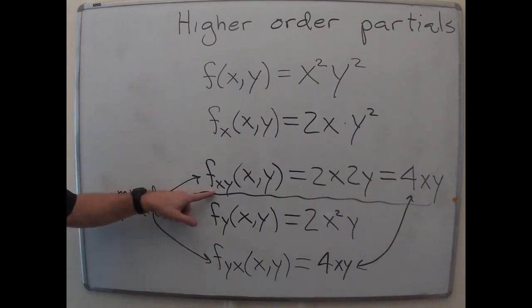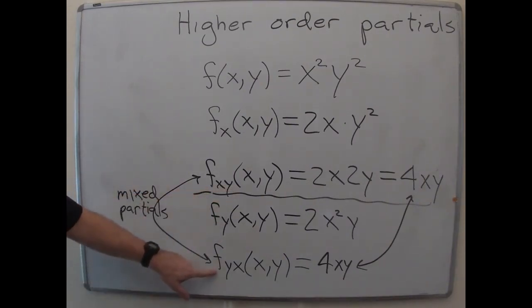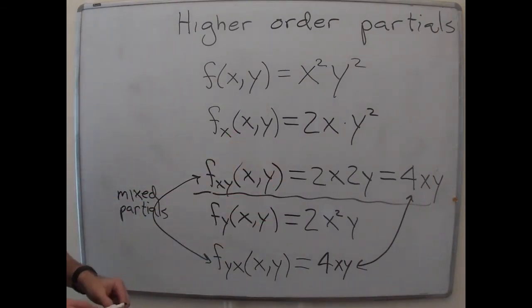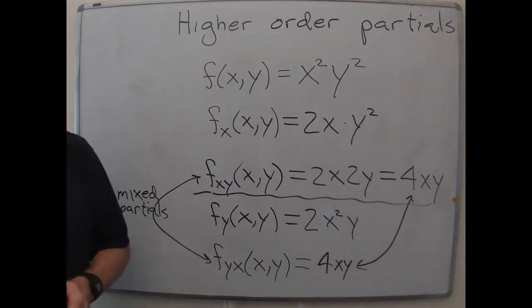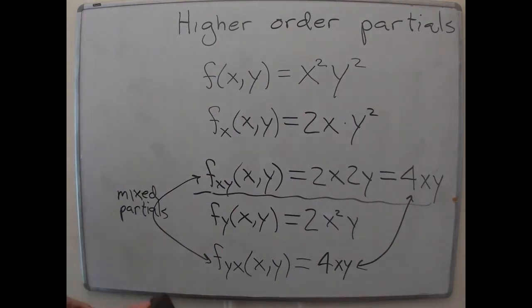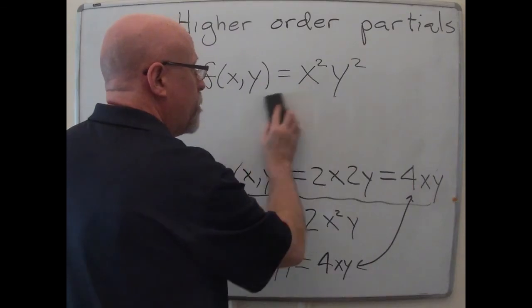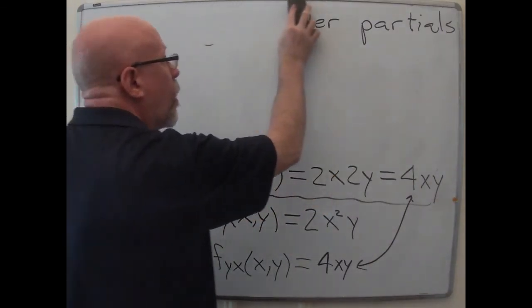One is differentiate first with respect to x and then with respect to y. The other is do the y derivative first and then the x. There's no reason a priori that those should come out the same, but they seem to have in this case. Well, that's actually a known result. It's called Clairaut's theorem, that mixed partials are equal.